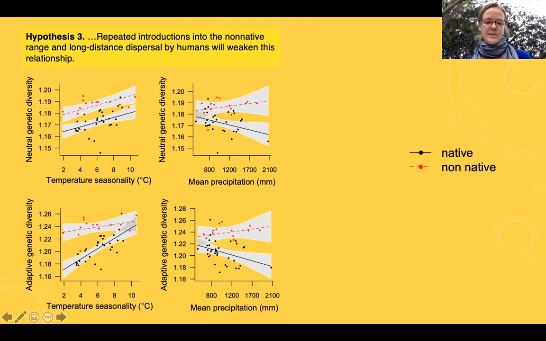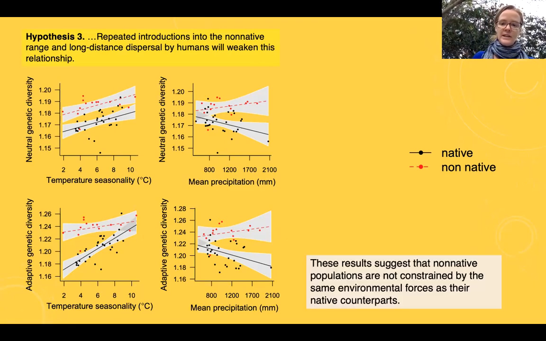A negative relationship with precipitation, and not in the non-native range. So there's things going on in the native range that aren't happening in the non-native range. And so these results suggest that non-native populations are not constrained by the same environmental forces as their native counterparts.